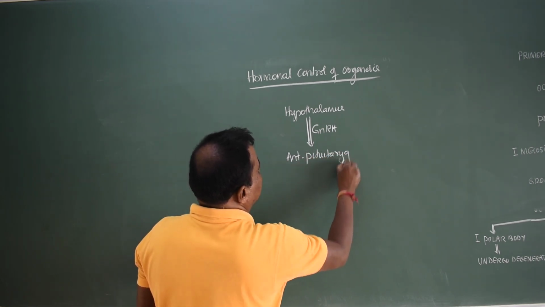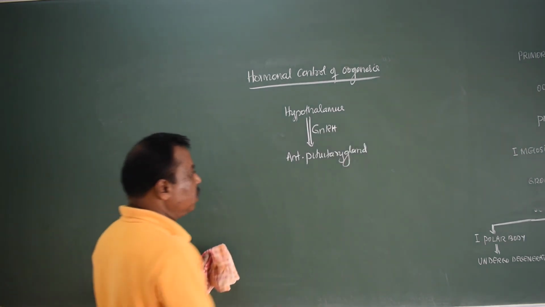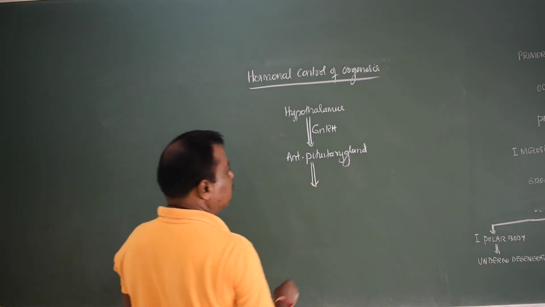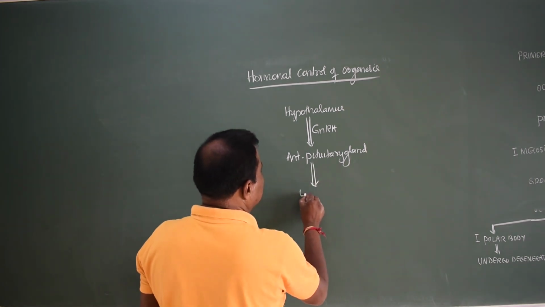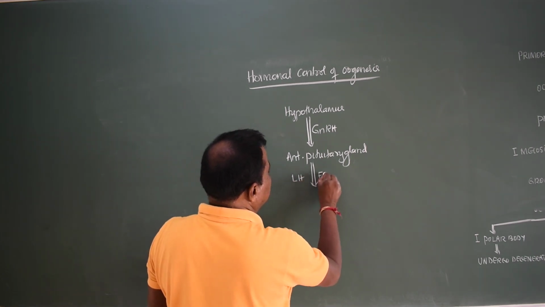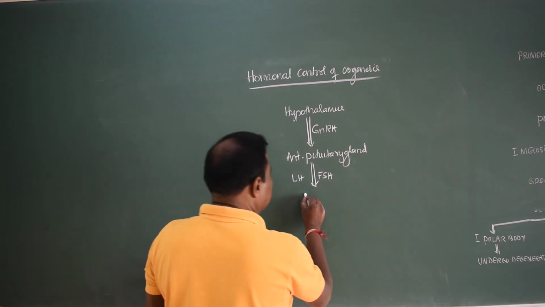This anterior pituitary gland releases the hormones LH and FSH, which stimulate the ovary.